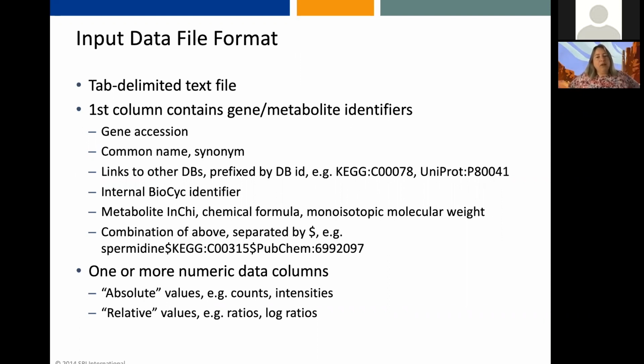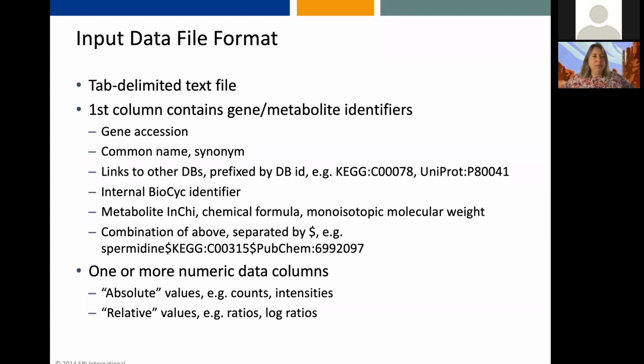If you have links to other databases, for example, a UniProt ID for proteins, a KEGG ID or a PubChem ID for metabolites, for some of those you need to prefix them by the database ID, and if you prefix them, then we'll definitely recognize what they are. If you don't, for example, a UniProt ID or a KEGG ID, we can recognize by format that they're probably from one of those databases, so you don't actually need that.